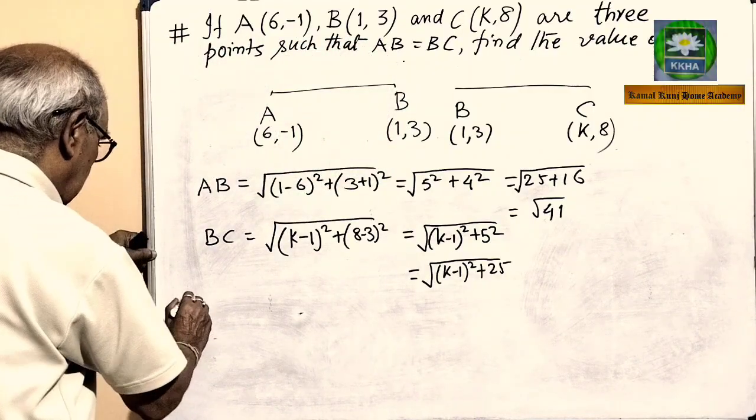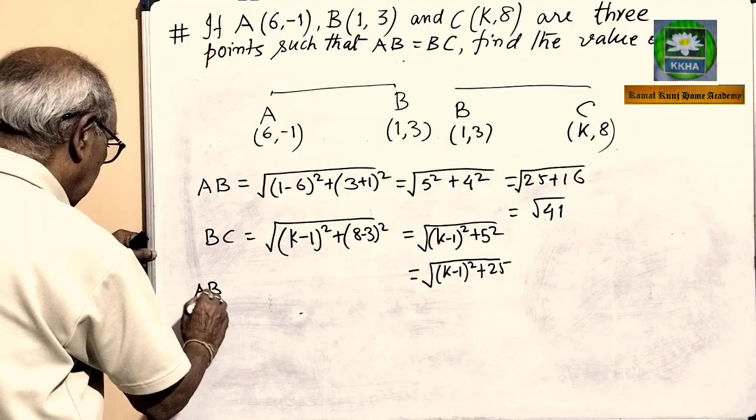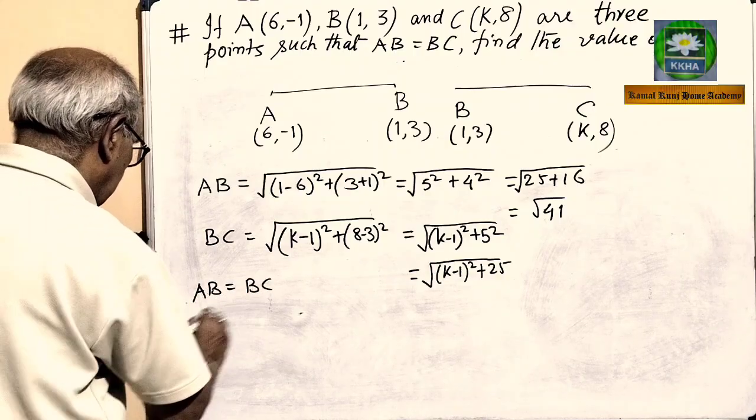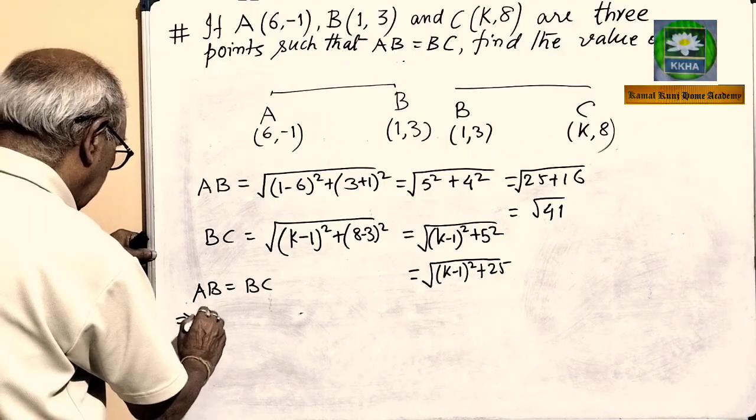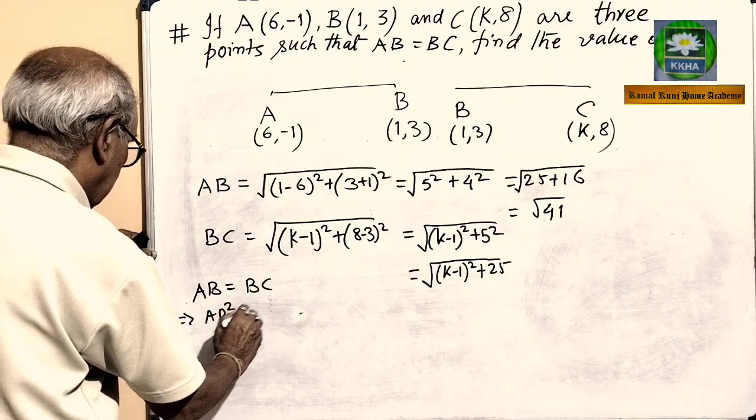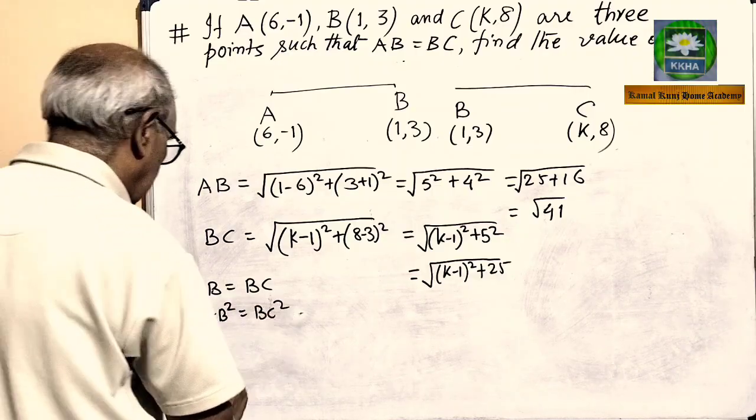Now here it is given that AB is equal to BC. This implies that AB square is equal to BC square.